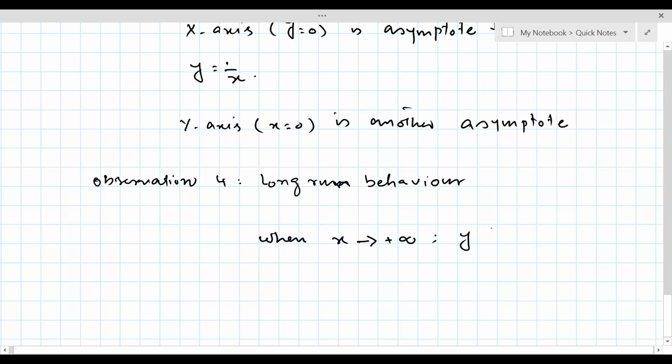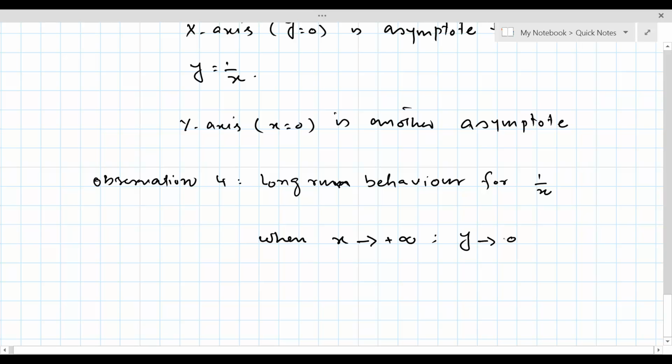For the reciprocal function 1 over x, y becomes very, very small.